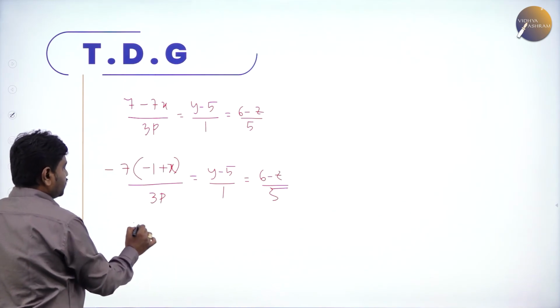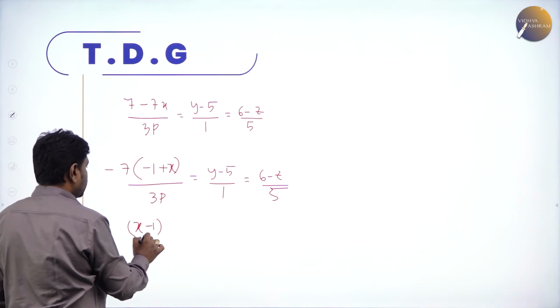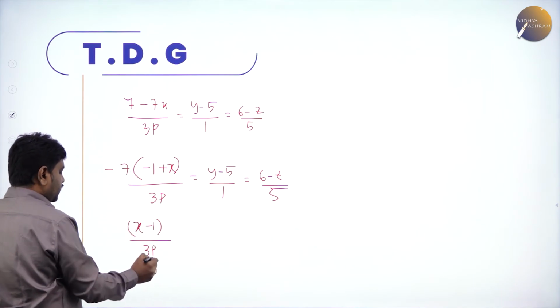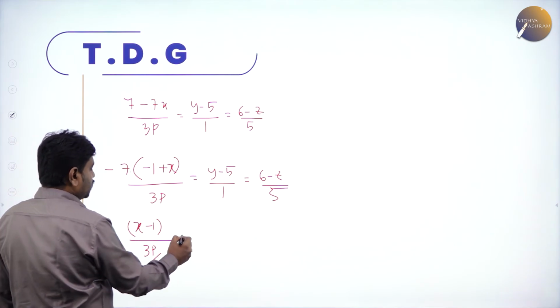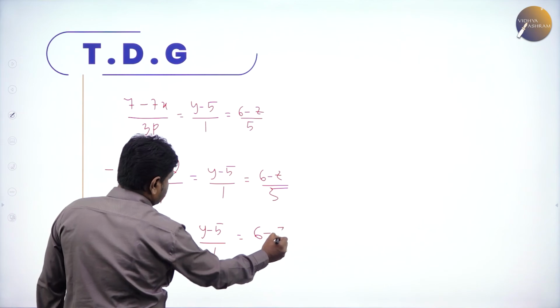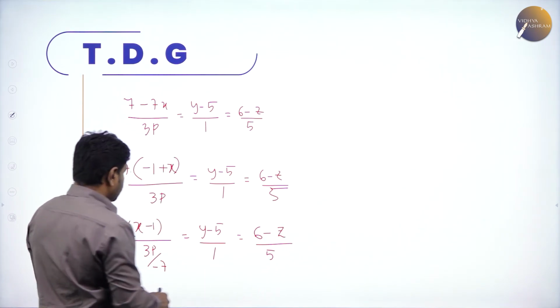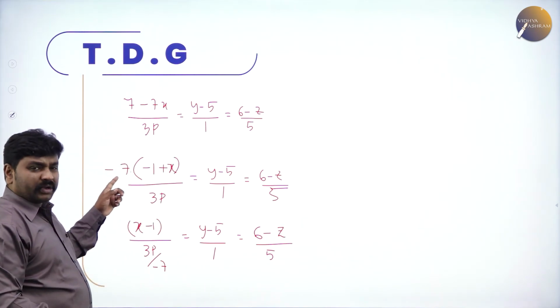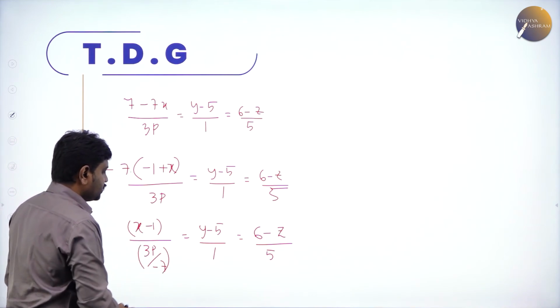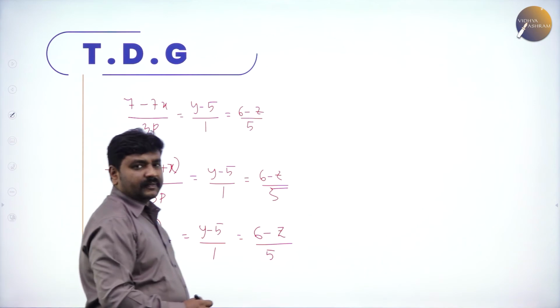Now I'll rewrite. First I'll write x, then minus 1 by 3p, divided by minus 7, (y minus 5) by 1, (6 minus z) divided by 5. Dear students, you can see the denominators give us the direction values. So now two lines are there.